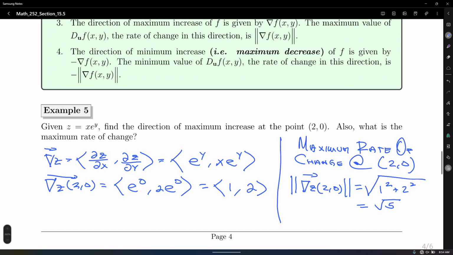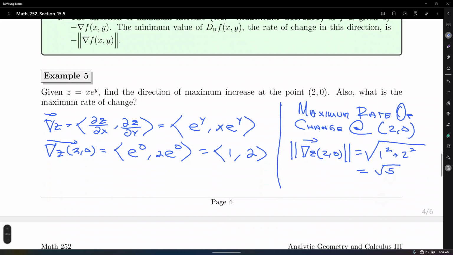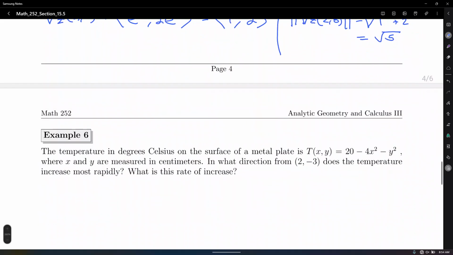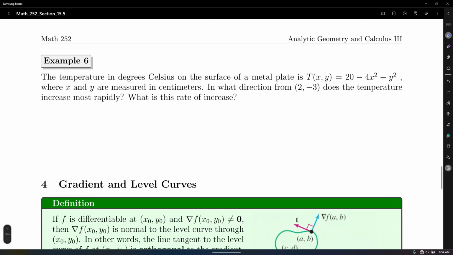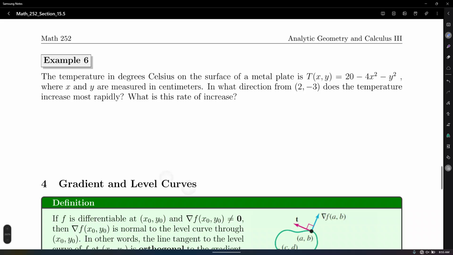What's next? Let's solve an application problem. Why not? Okay. So here is the thing. Of course, these functions give us, or represent, the surface for all points x and y in the domain.